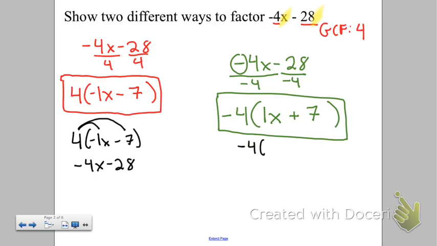Same thing with negative 4 times the quantity 1x plus 7. If I distribute the negative 4, negative 4 times 1x is negative 4x, and negative 4 times positive 7 is minus 28. So each of these expressions is the same thing, and they are both equal to the expression I got in the beginning.